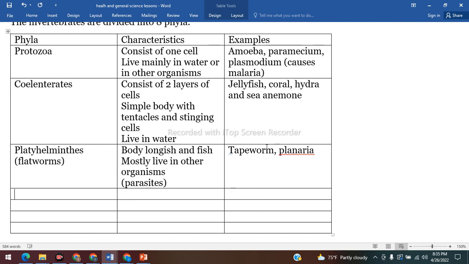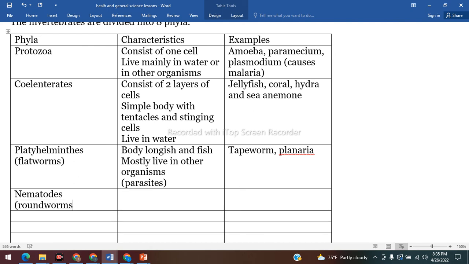All right. The last one we're going to look at today is the flatworms, then we have the nematodes. If this is the flatworms, what do you think this is going to be? Long worms, your roundworms.